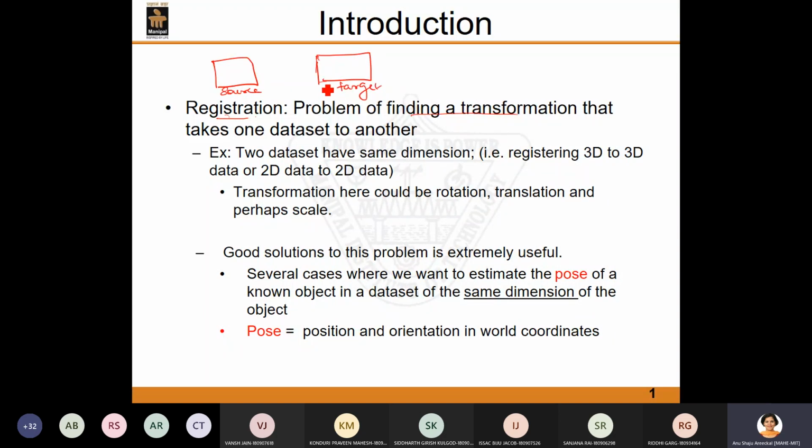When I'm trying to do an image registration, what I'm assuming is that if I apply some kind of transformation on the source image, I get the target image.